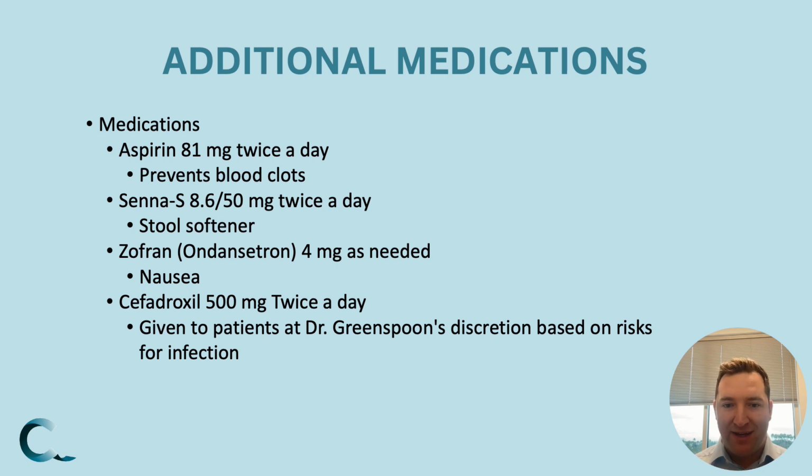The narcotic medications unfortunately do have a side effect of causing some nausea, so I will prescribe Zofran to help control your nausea after surgery. And in some patients who are at high risk for developing an infection afterwards, such as if you're a smoker, diabetic, or obese, I do prescribe a week of oral antibiotics to help decrease the risk of developing an infection after surgery.